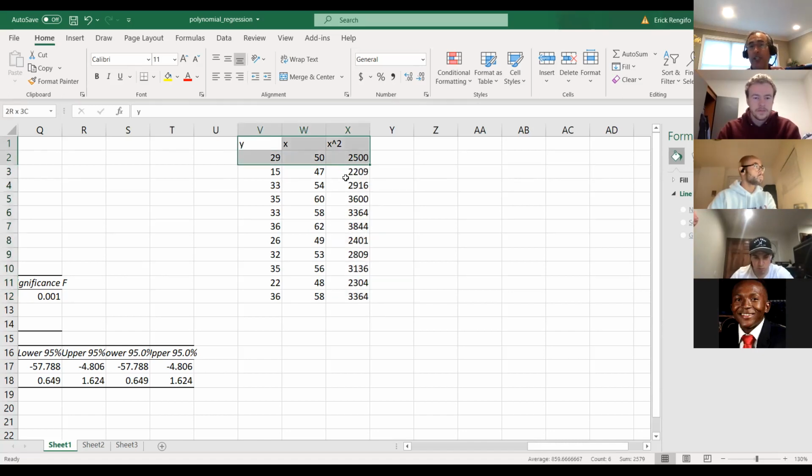So you're not violating the linearity assumption of the model, guys. Okay, you're not violating the linearity assumption of the model.